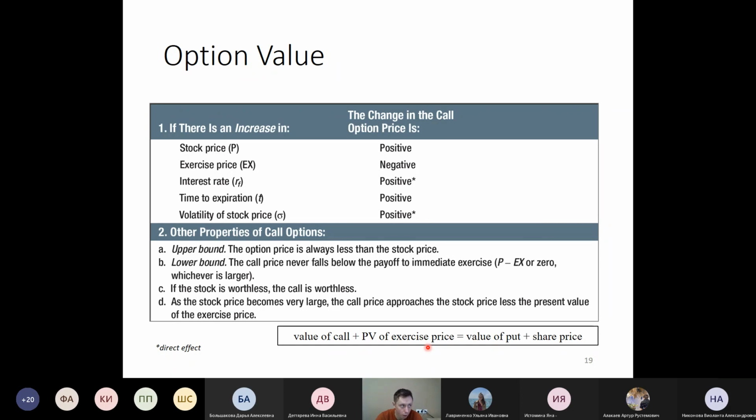It also makes sense just from pure logic that the more risky the asset, longer the period, higher standard deviation, higher interest rate result in a higher value of the call option, and it also makes sense just from looking at the formula. Now, as here the interest rate affects other sides of the equation, here we talk about direct effect only.